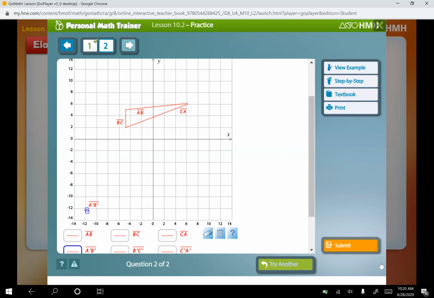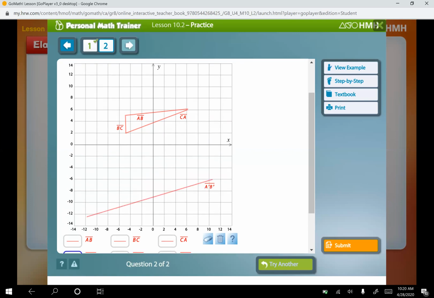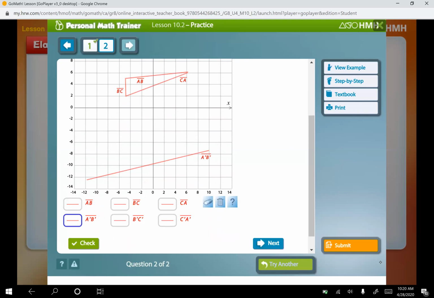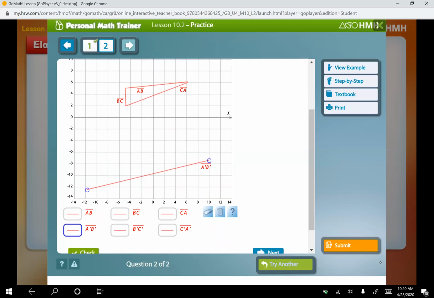So I'm going to go all the way to 10, negative 10. Okay, so 10 on the X, negative 10 on the Y. And then from there, I'm going to go to C, 10, negative 4.